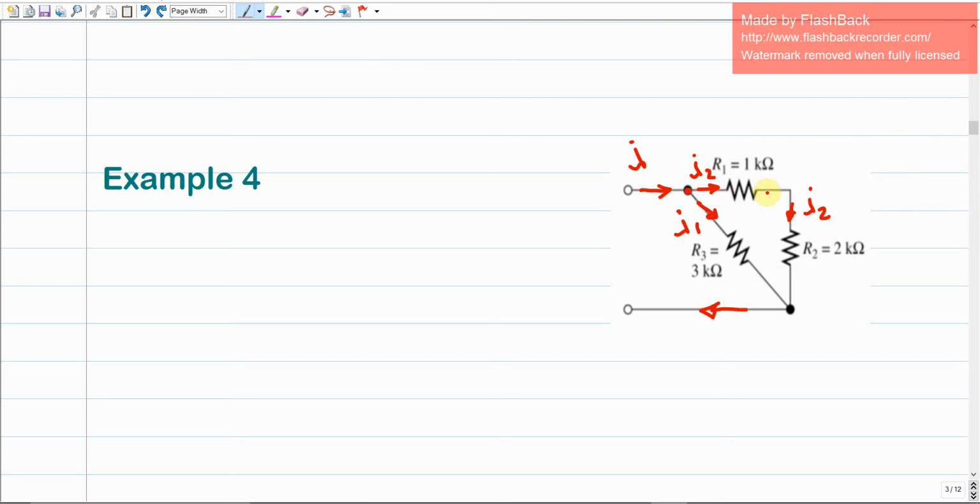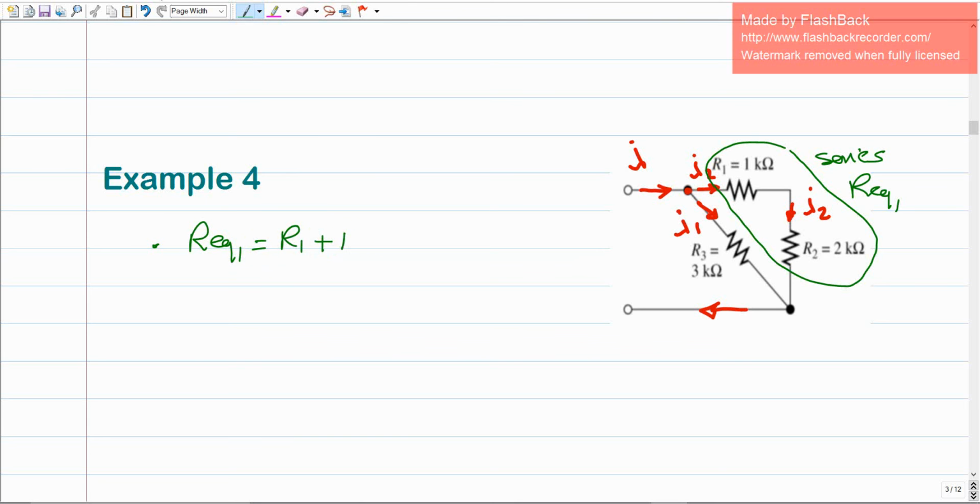Let us use a little bit different color here. So these two resistances, both of them are series. Agree? Why? They do have the same current, and their R is going to be R equivalent 1. So if I ask you how much is R equivalent 1, you're just going to simply calculate the sum of R1 plus R2, which is 1 plus 2 ohms, which should be 3 ohms.